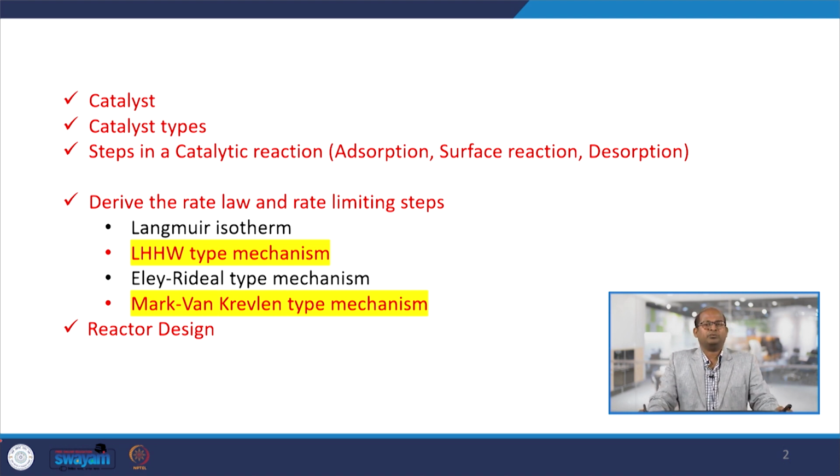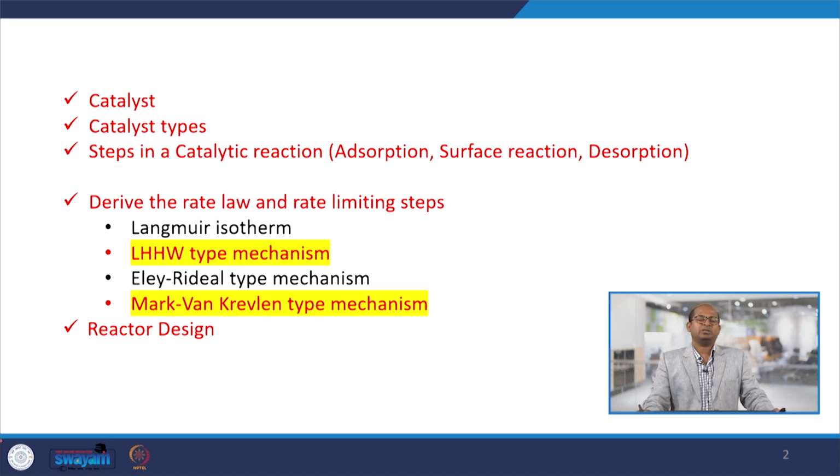Now, experimentally you have to conduct the reactions by changing the reactant pressures. If there are two reactants, let us say the concentration or partial pressure of one reactant remains fixed, and the other we can change or vary. One or two reactants may be present in the reaction, and one or two products may be there.